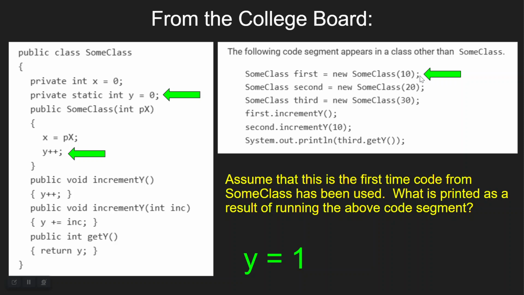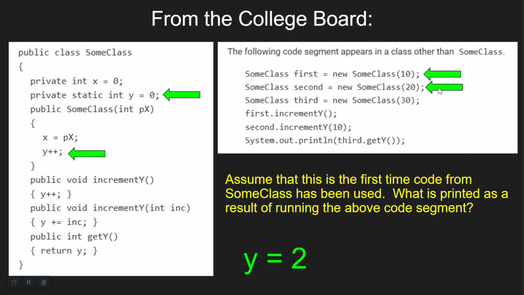If you look at the constructor, public Sum class, it takes in this parameter 10 as px, and it sets it to the instance variable x, but then y goes up by 1. So y is now 1 when you create this object.